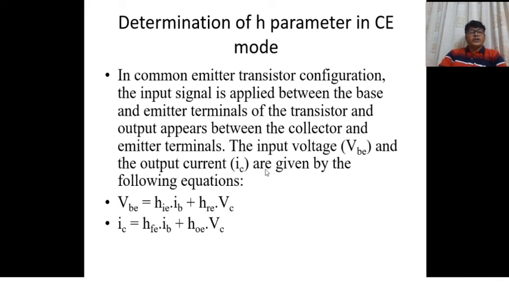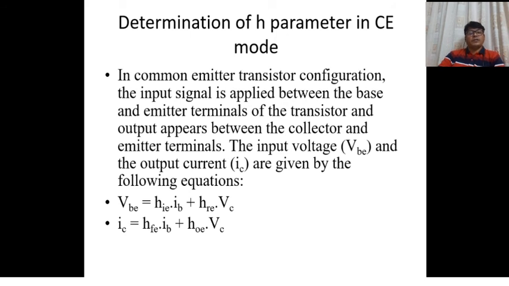By knowing these 2 factors, you can write these 2 equations, that is V1, which is nothing but the voltage across base and emitter, is equal to hie into IB plus hre into VCE, where hie is nothing but your input impedance, hre is reverse voltage gain, then hfe is forward current gain, and hoe is output admittance.